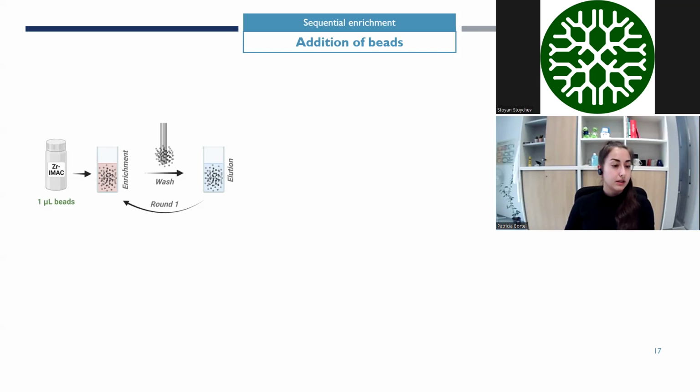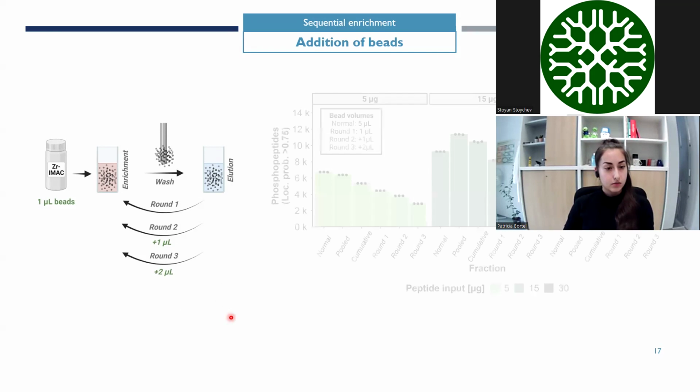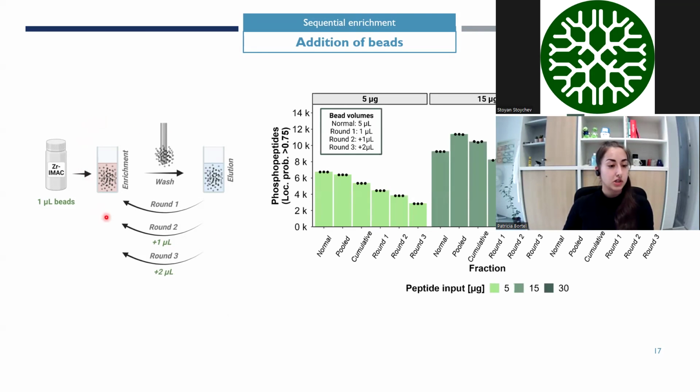So we performed a sequential enrichment in which we used 1 microliter of beads for the first enrichment round. Then for the second sequential enrichment round, we added another microliter of beads. And for the third round, we added another 2 microliters of beads.